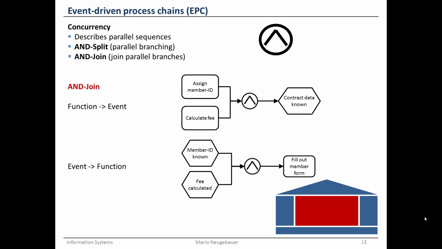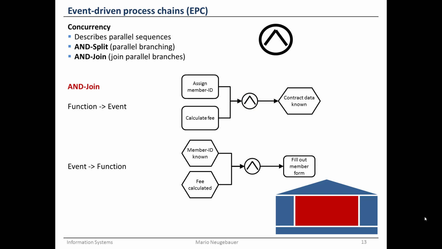Maybe the first function, assign member ID, is done earlier than the calculation of the fee. But essentially, you at some time finish both functions. You are finished with both functions at a certain point in time, and then, if you are finished, the AND join is activated. You finished both sequences.